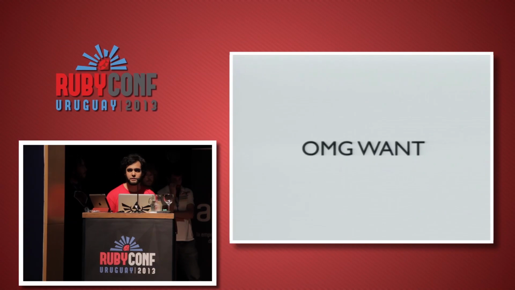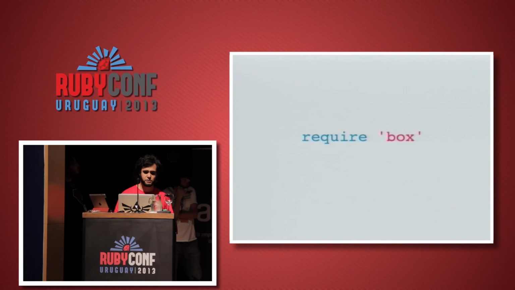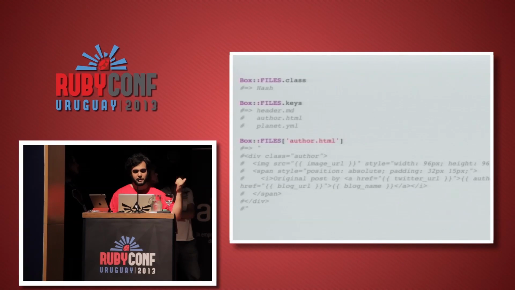So I wrote this code, Box. So Box allows us to do this. When you write something like this at the end of a Ruby file and you put require 'box', Box gives us this API which works.